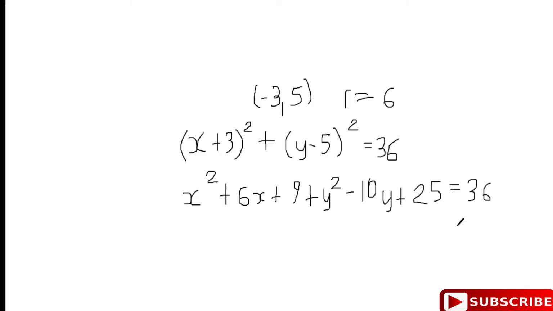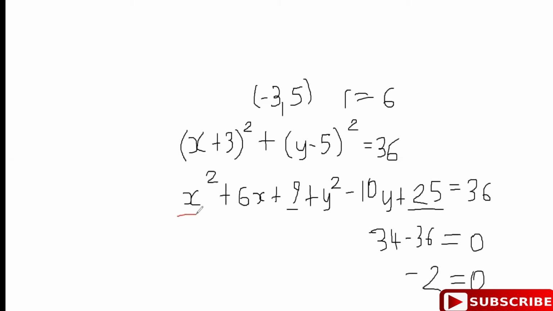So bring over the 36 by grouping all the constants. So group all the constants, 9 and 25, that's 34. 34 minus 36. So the constant part is working out to be 34 minus 36, which is negative 2. I'm only working out the constant part because this part is clear.